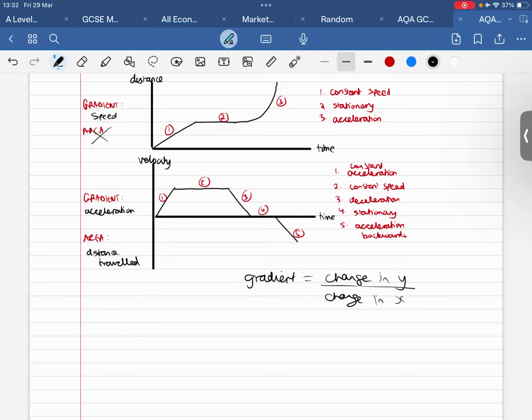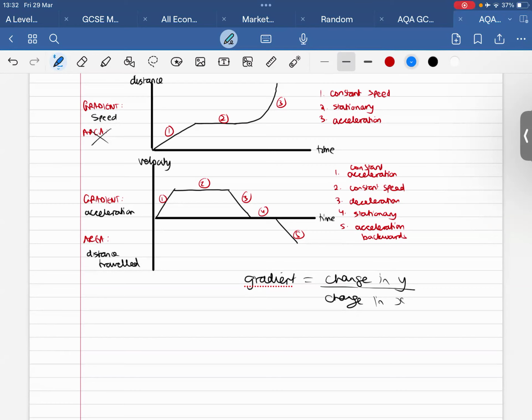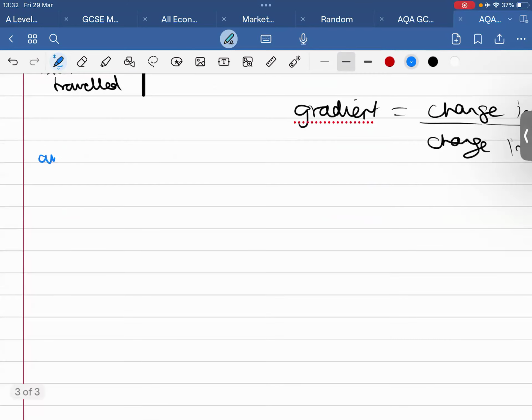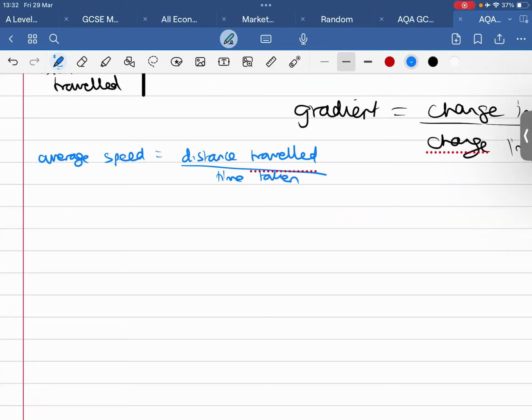And based on that, average speed equals distance traveled divided by time taken. And acceleration is change in velocity over time taken.